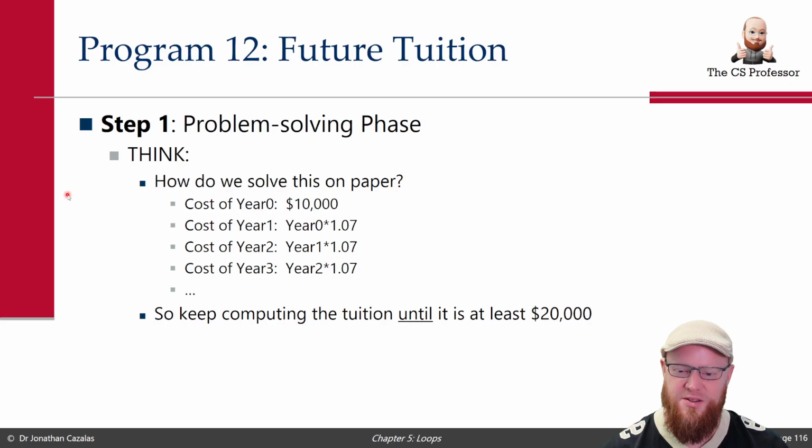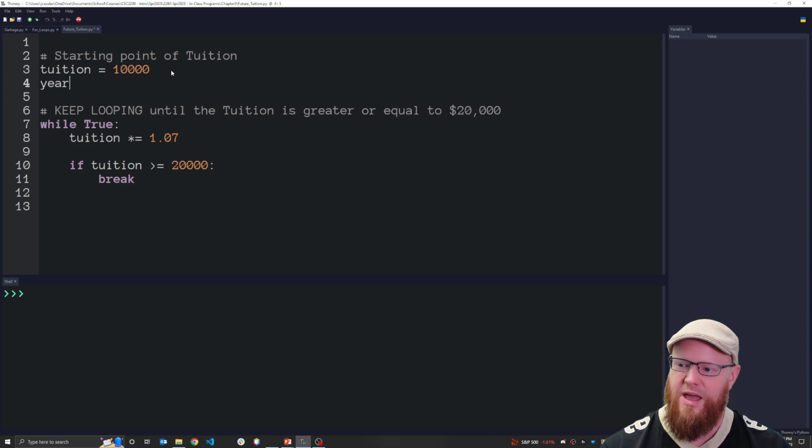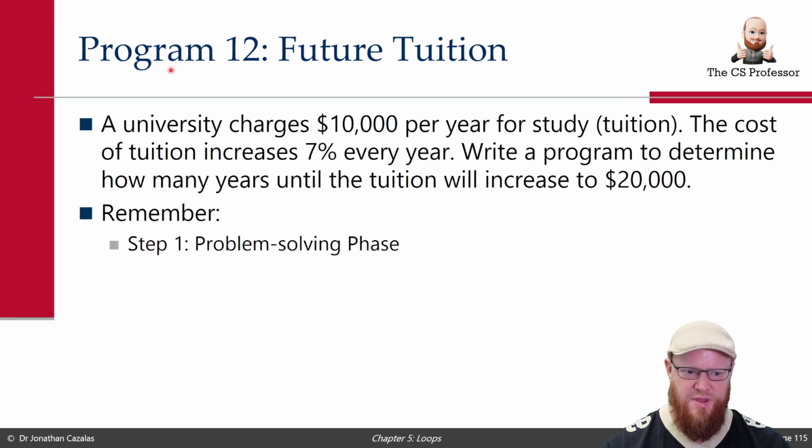Now, we haven't even done the most important part of the problem though. What did the problem say to do? The problem said that it wants us to count the number of years until the tuition is greater or equal to 20,000. So I've got to come up here and have a starting year value. Let's say year equals... Did they say 10,000 per year?